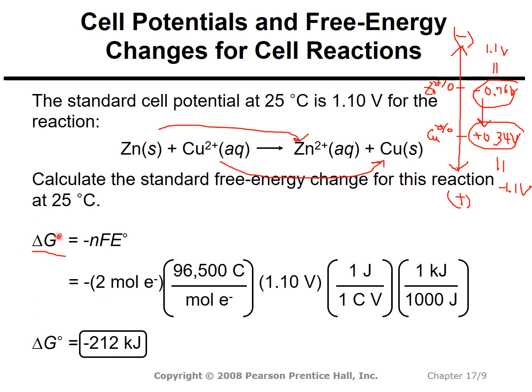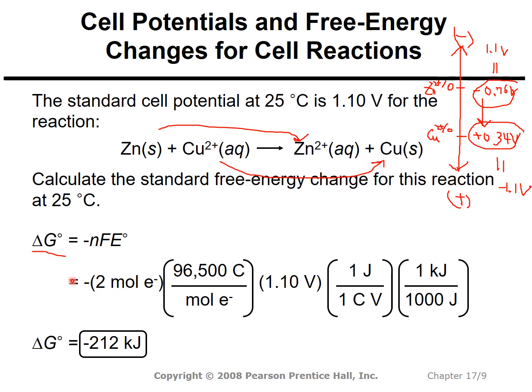means standard Gibbs free energy change, which is equal to minus nFE, and in this reaction we have two electrons involved. Zinc is going to zinc 2 plus, so 2 electrons are generated, and 2 electrons are moved to copper 2 plus, which finally goes to copper.